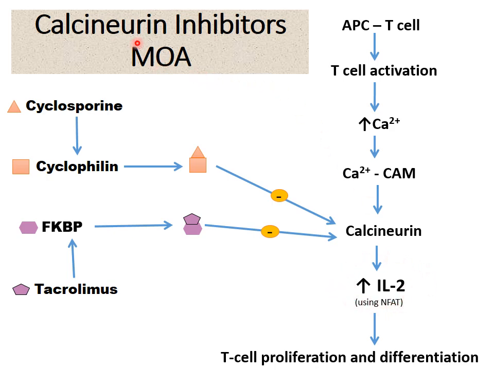So, in short, the calcineurin inhibitors, including cyclosporine and tacrolimus, by inhibiting calcineurin, decrease the synthesis of interleukin 2 from the activated T cell, and thereby decrease the proliferation and differentiation of the T cell and impair the adaptive immune system.